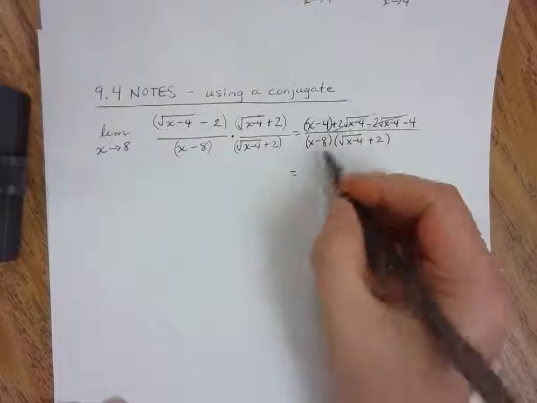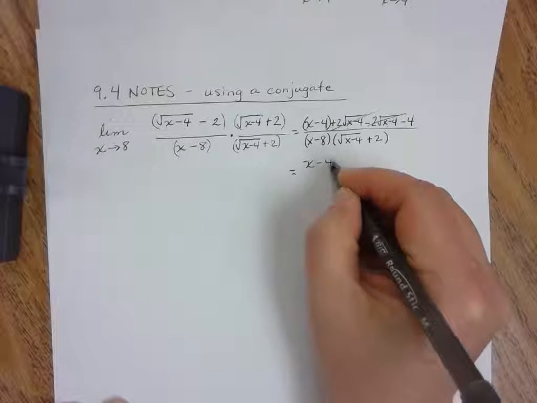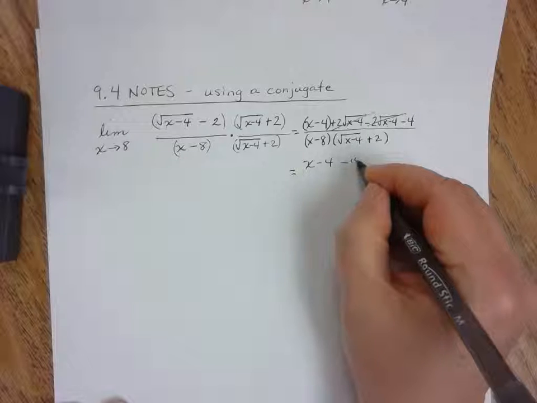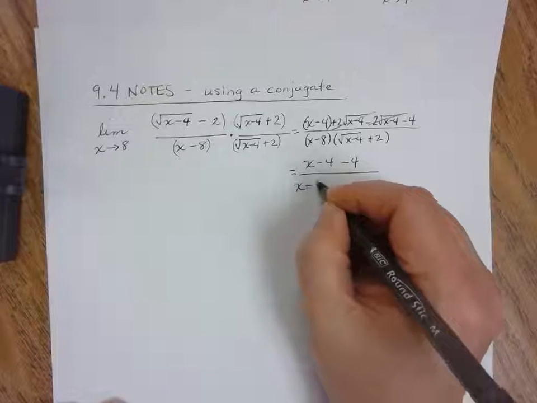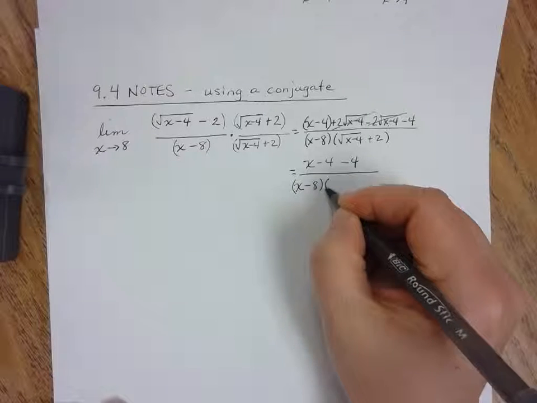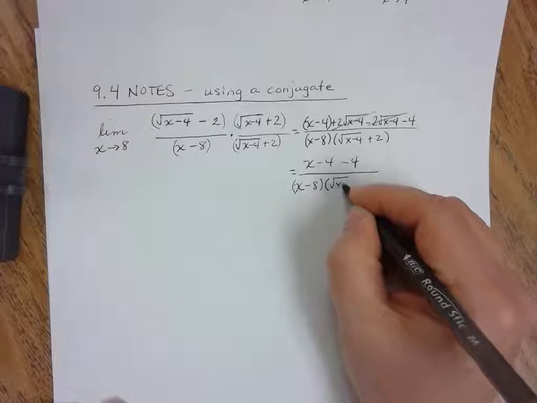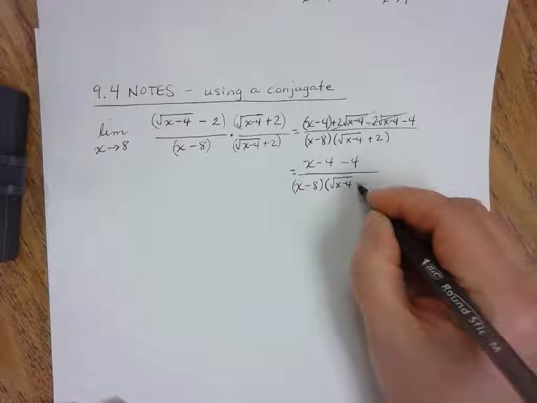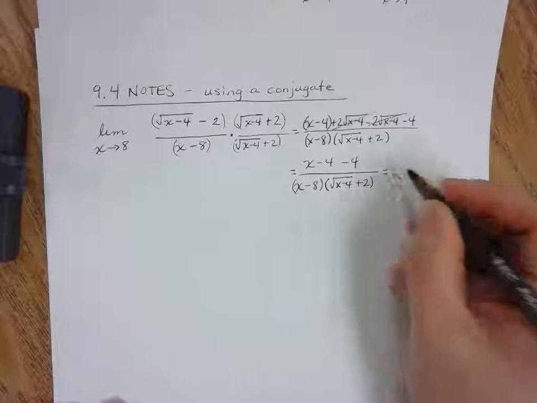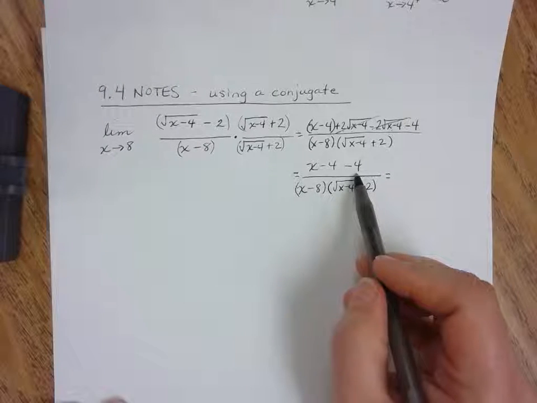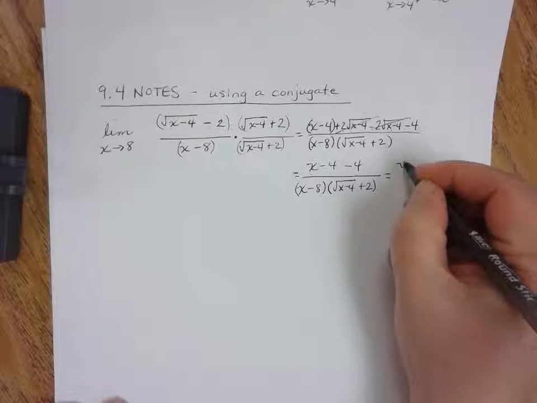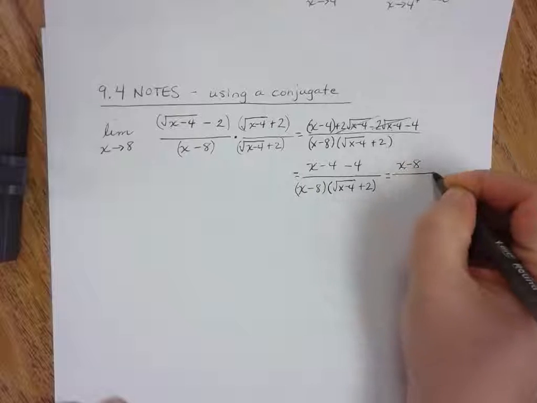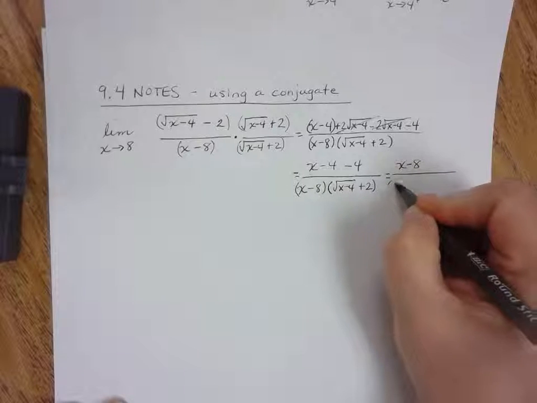I've got an x minus 4 and a minus 4. In the denominator, I've got an x minus 8 times the square root of x minus 4 plus 2. So what does my numerator simplify to? X minus 8. Perfect. Means I do know what I'm doing.